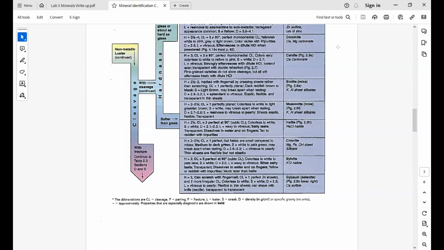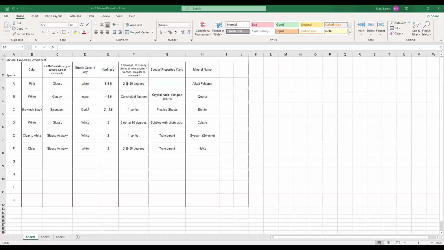Okay. Back to the chart. Now we're going to go into the darker ones, more of them are darker on this one.